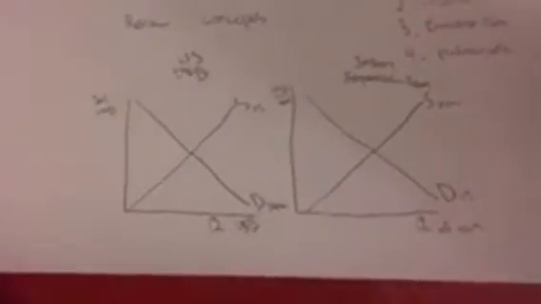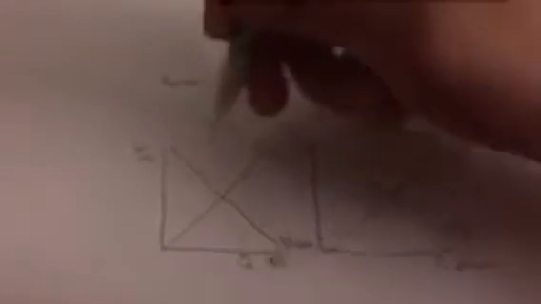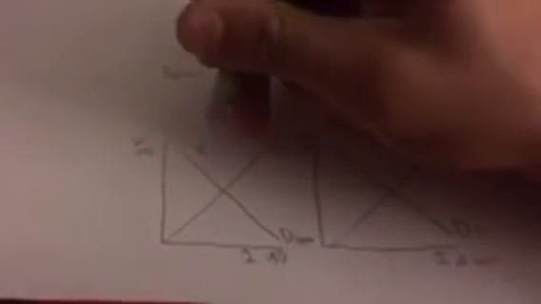And then basically an example of a shift. We can go to interest rate, and let's say interest rate goes up in the US. That would be a good thing. So basically the demand for, let's just go ahead and say the yen is super cool.